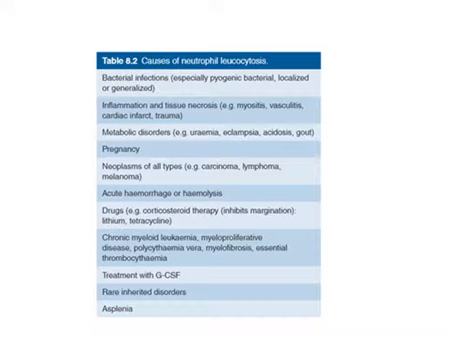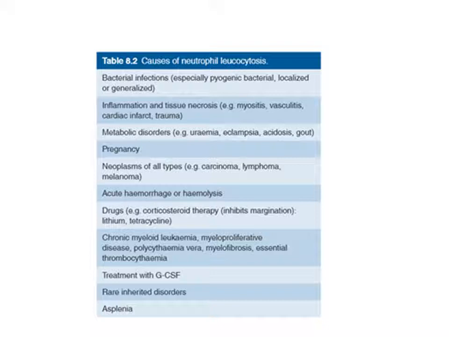Pregnancy is one physiological condition where the neutrophil count or TLC will be high. Neoplasms of all types like carcinoma, lymphoma, melanoma, acute hemorrhage or hemolysis will result in a rise in TLC.